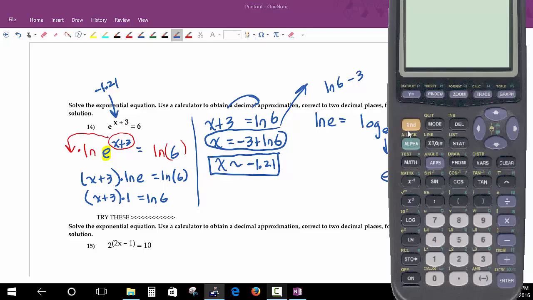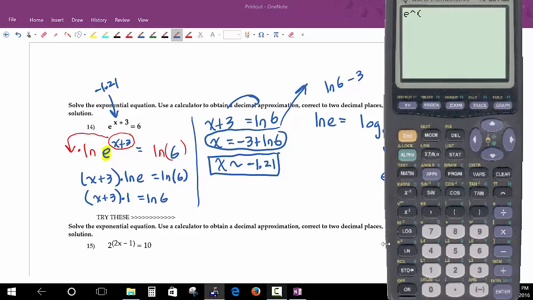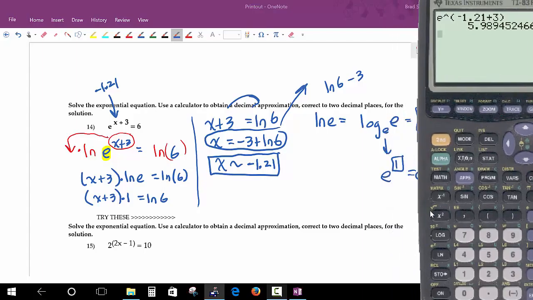So you can go second ln, and out will come e to a power. If you put in -1.21 plus 3, that's what we're trying to check, that e to that power is going to be 6. So if I do that, we should be pretty close. See what I mean? You can check these, every one of them, even if they're decimal answers.